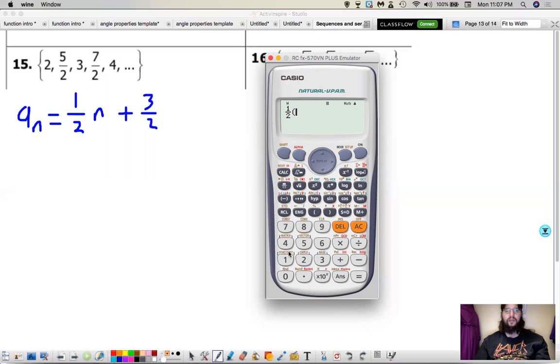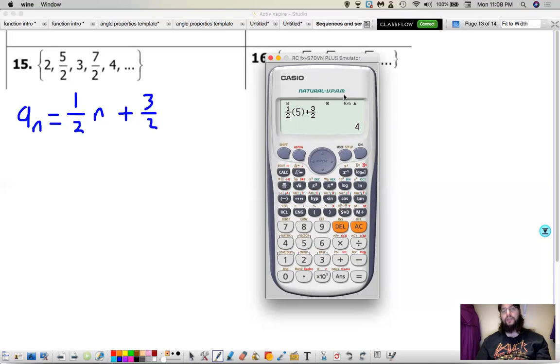Let's try it out. That's how it's going to work for 1, so we just made it work for 1. So let's plug in 2. Good, 5 halves. We do. I plug in 3. Okay, it's working. I plug in 5. I should get to 4. Yeah, okay. Now this time I'm going to go ahead and get the next 3 terms. So I already have it in here.